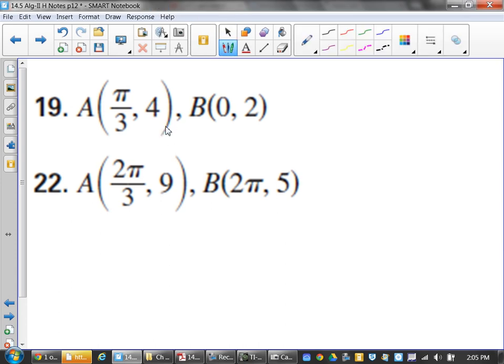In the first one, you have a minimum at 0, 2 and a maximum at pi over 3, 4.